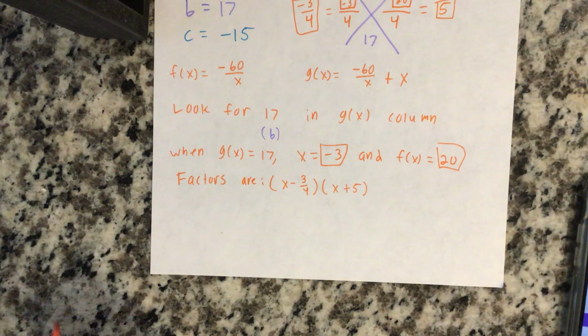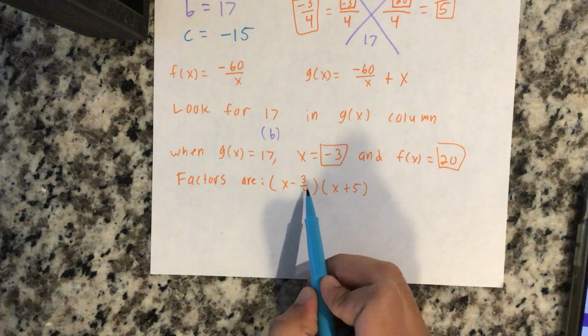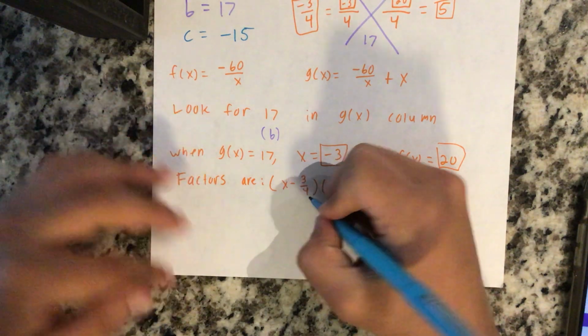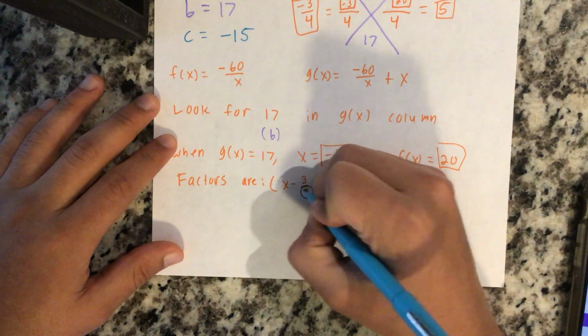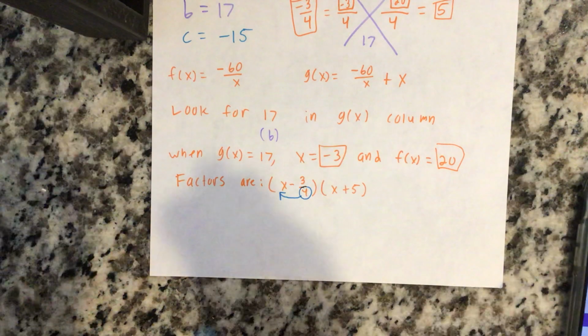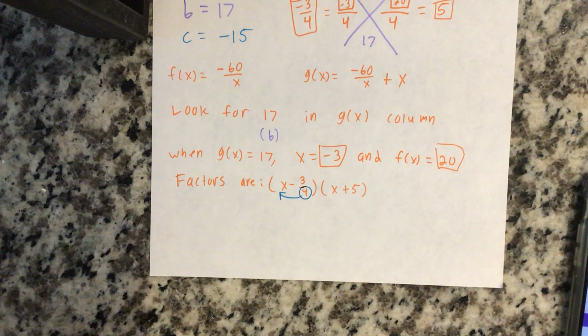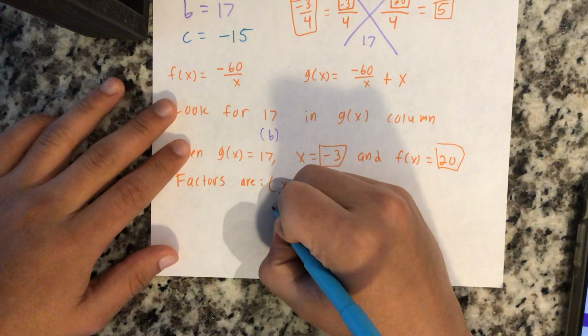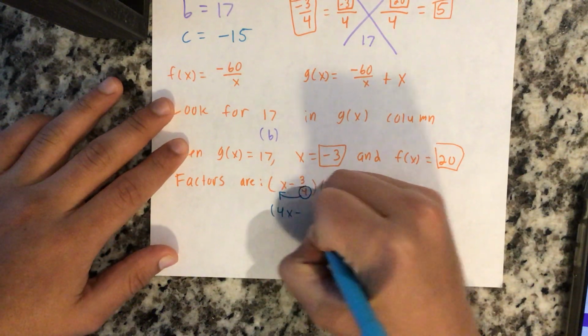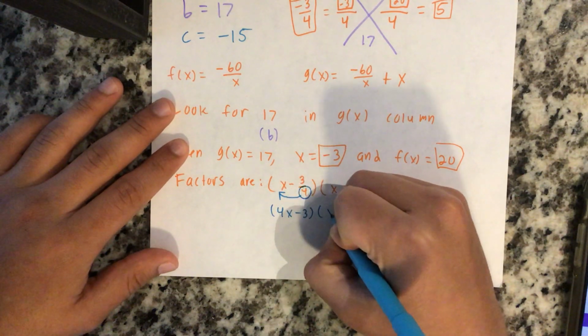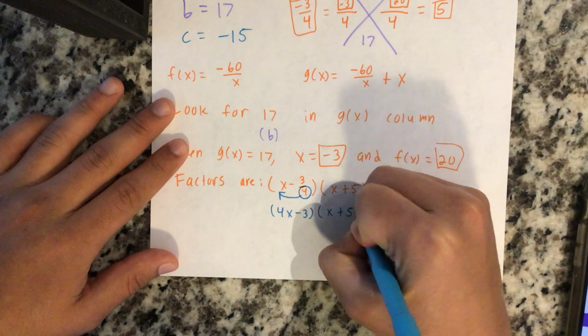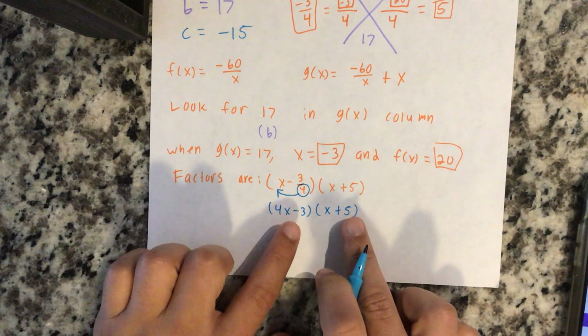Okay? But hopefully you remember, we cannot have this fraction in the factor. So we take the denominator and we bring it to the front. Okay? So my real final factors are 4x minus 3 and x plus 5. Okay? So now these are factored.